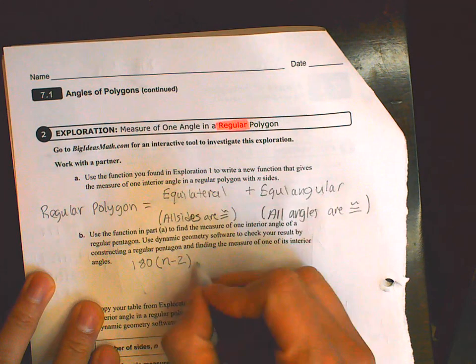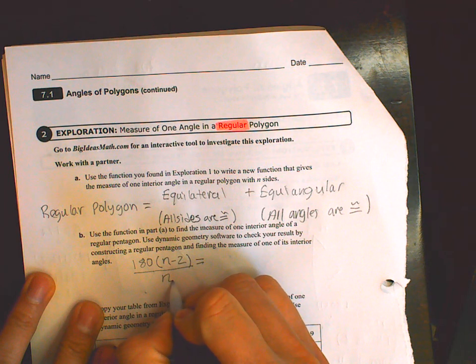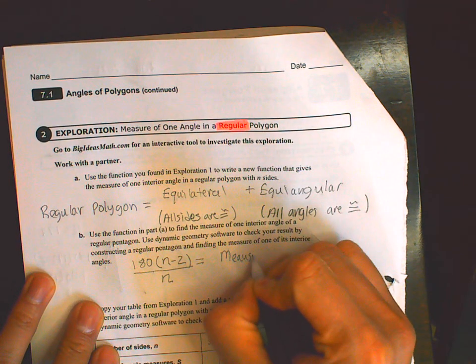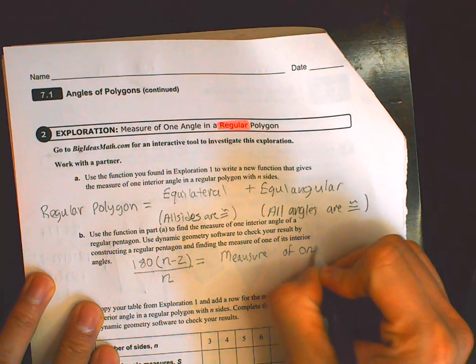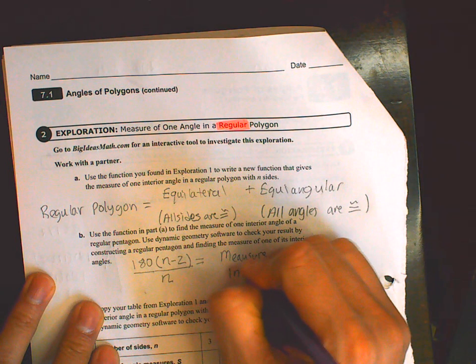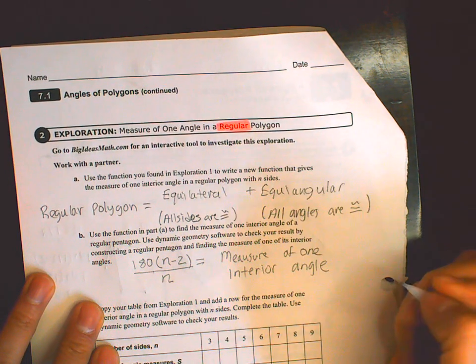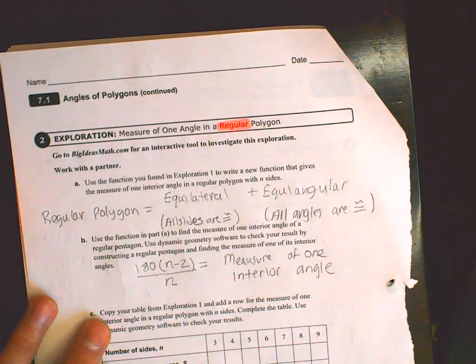So in order to figure out what one of these angles is, you have to divide this by the number of sides. So this is the measure of one interior angle. And we're going to use this equation in several applications.